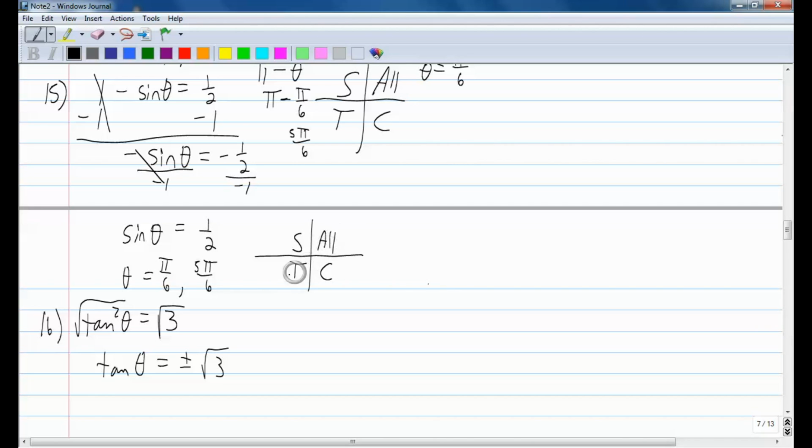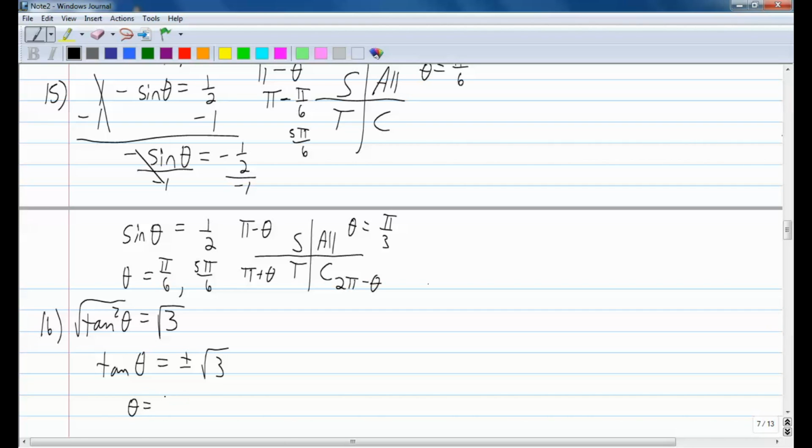The two places where tangent is positive square root of 3, and the two places where tangent is negative square root of 3. So if we can figure out the place in the first quadrant, then we can find the others by saying pi minus theta, pi plus theta, and 2 pi minus theta. So in the first quadrant, that's going to be pi over 3. So to find the multiples, we say pi minus pi over 3.